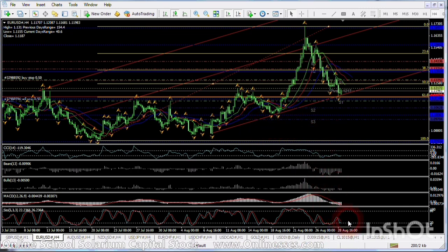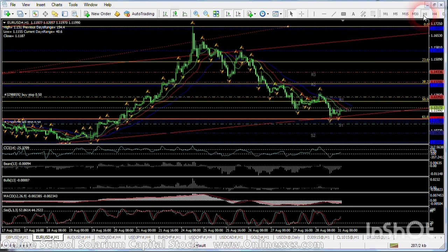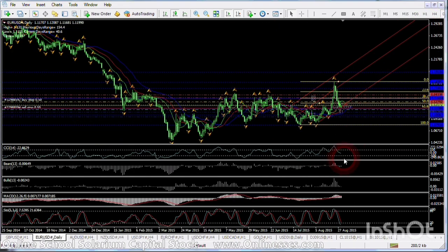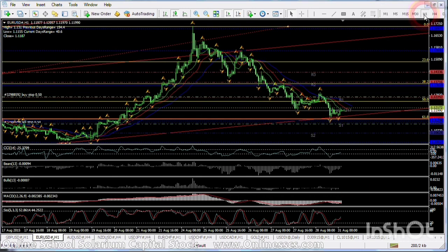If all of them are giving us a buy signal at the same time, all giving me the uptrend signal, and the 1 hour time frame is giving me a correct signal as well, and the 4 hour time frame is giving me a correct signal as well, it's the best trade or order that you can do.